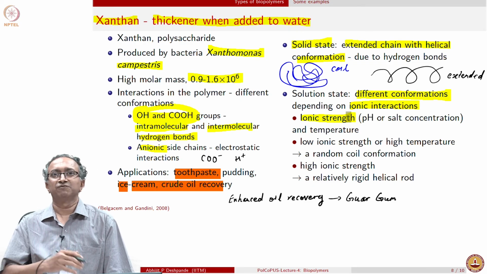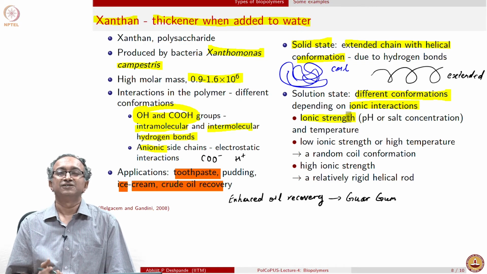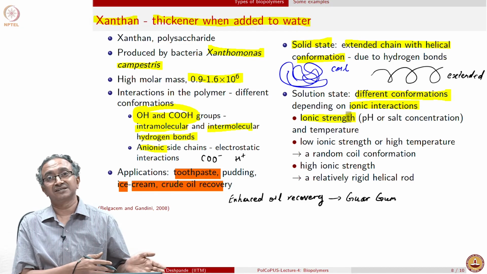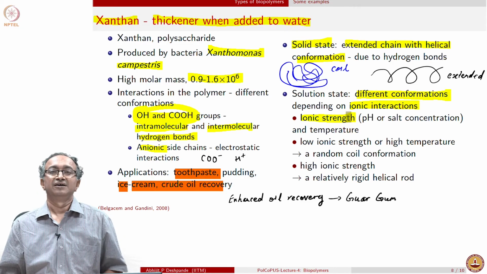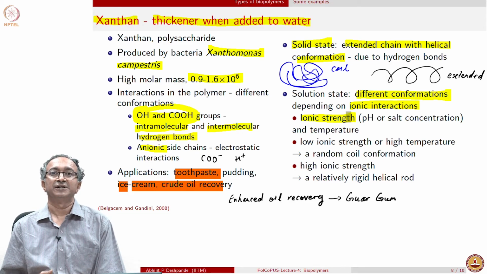So, flipping back and forth between different states is very crucially related to the interaction energy on one side and thermal energy. So, temperature will always play a key role in terms of determining how strong the interactions are.